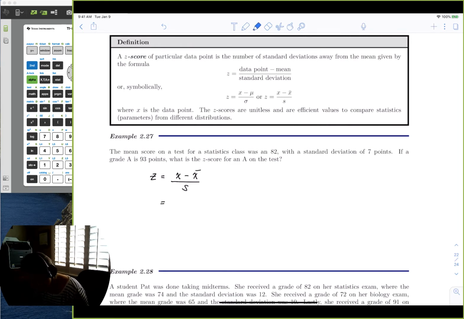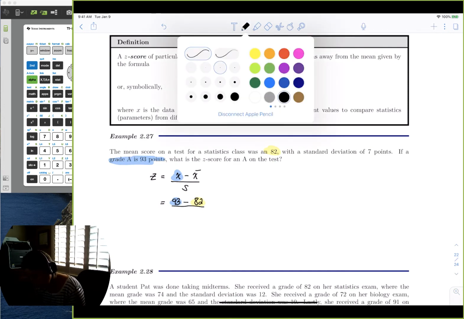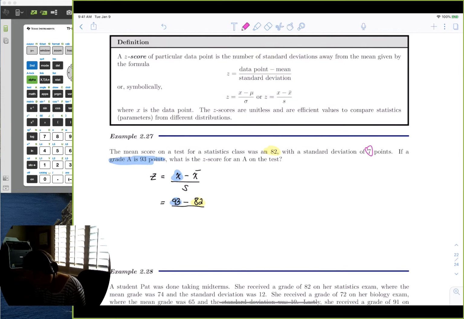Well, the value is 93 points, right? Because we're looking for what the z-score to get an A. Minus, and what was the average? Well, the average is going to be 82. And we're going to divide by that standard deviation of 7.